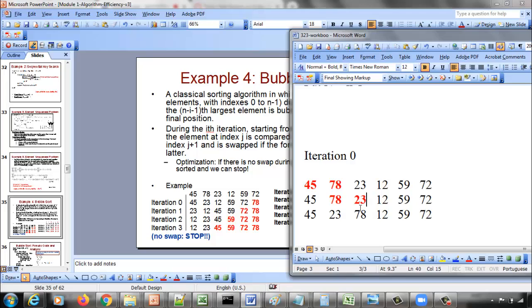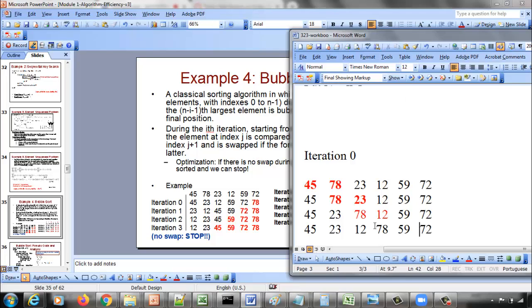Now compare the next two index values, which are 78 and 12. Again, when you compare them, we notice that the element to the left is greater than the element to the right. That means we have to swap them. So 45, 23 as it is, then 78 and 12, 78 will go to the right, and 59 and 72.